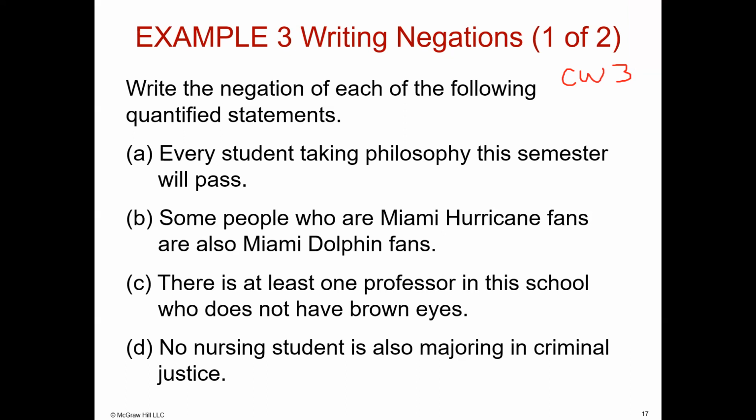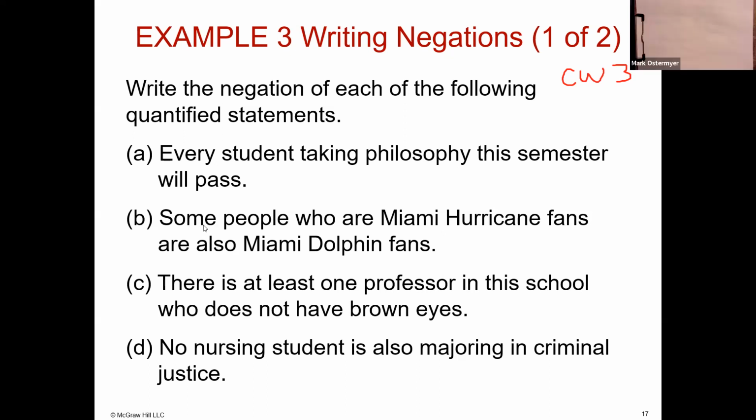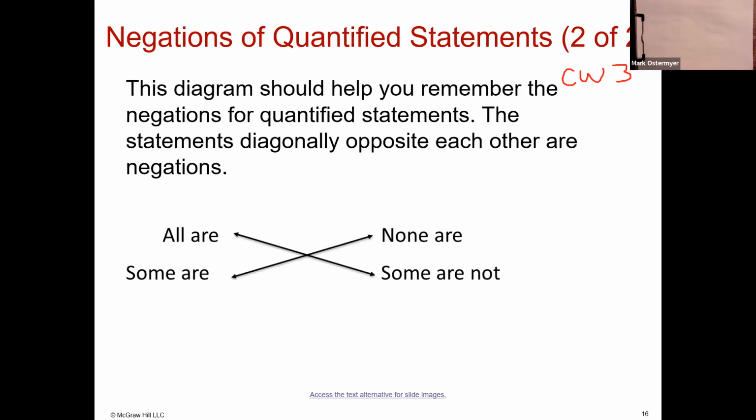Could you say that one again, please? All right, the negation of some, or some means the same thing as at least one, would be none. So the negation of some or at least one would be what? None. Let's go back and see that here. You see the negation of some is what?